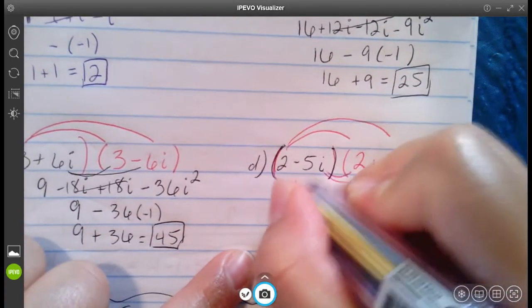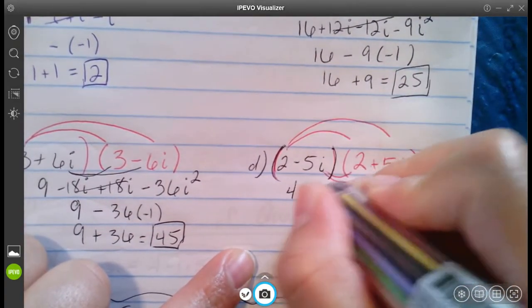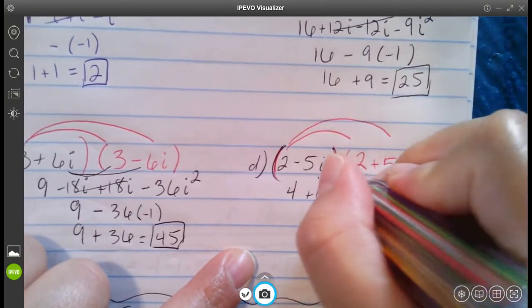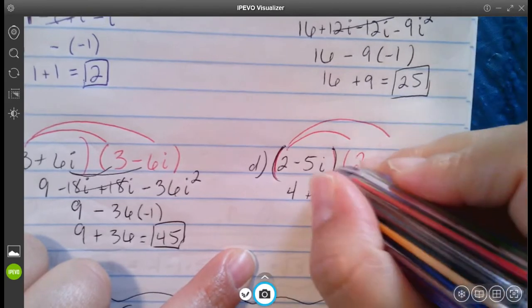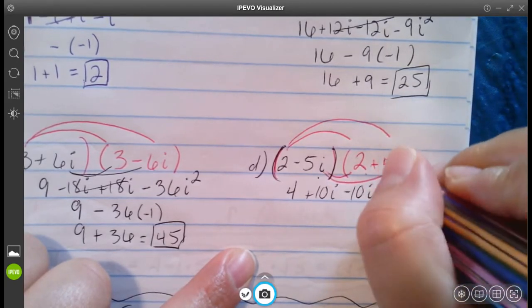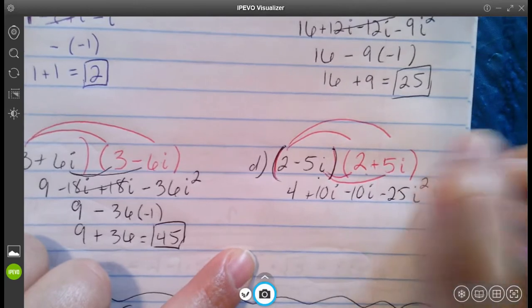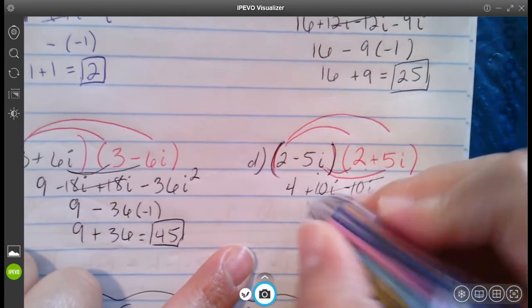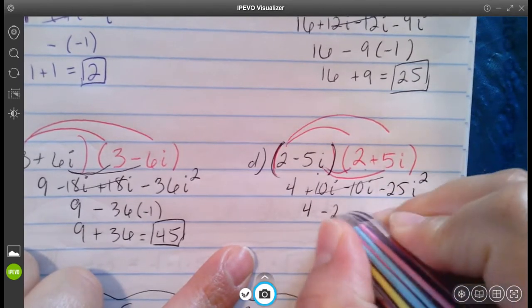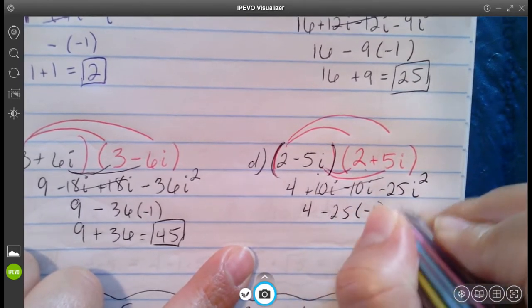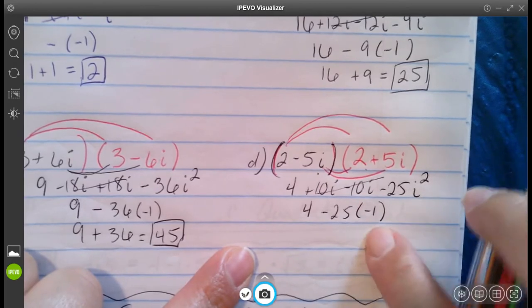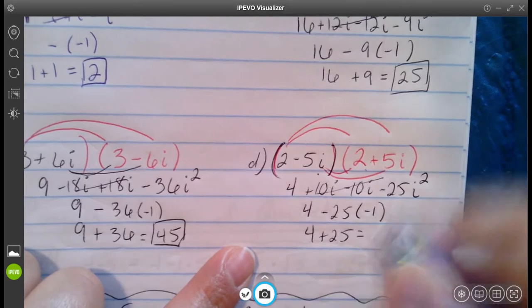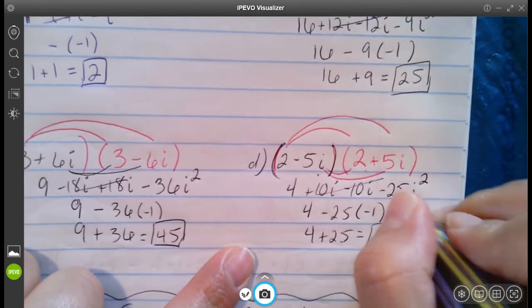So 2 times 2 is 4, 2 times 5i is positive 10i, negative 5i times 2 is negative 10i, and negative 5i times positive 5i is negative 25i squared. Just like all the ones before, these are gone. So we have 4 minus 25 times negative 1, because again, i squared is negative 1, which is 4 plus 25 equals 29.